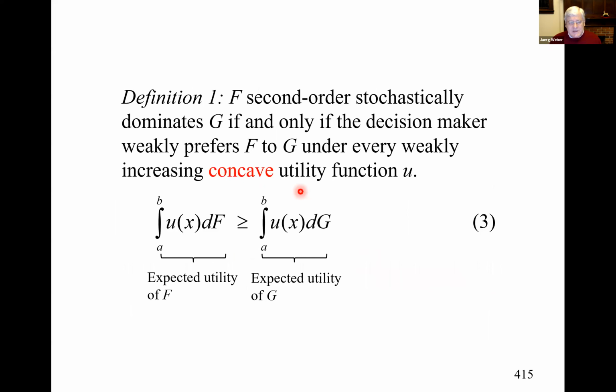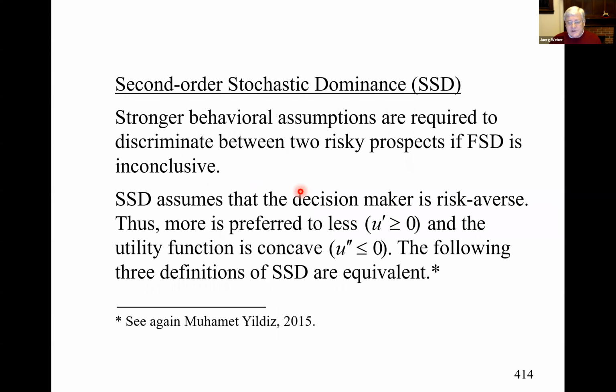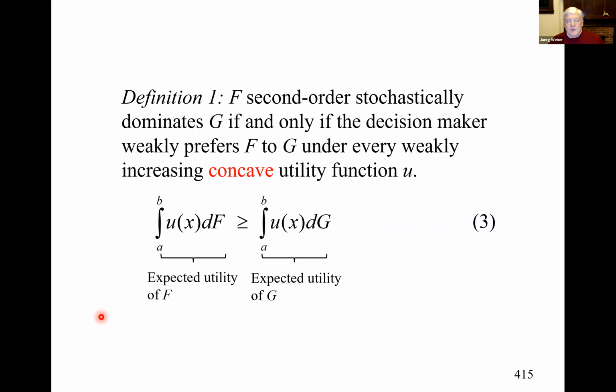Now we have three definitions for second order stochastic dominance, and they're all again equivalent. You can look this up in this course at MIT. Definition 1 is again based on the expected utility.